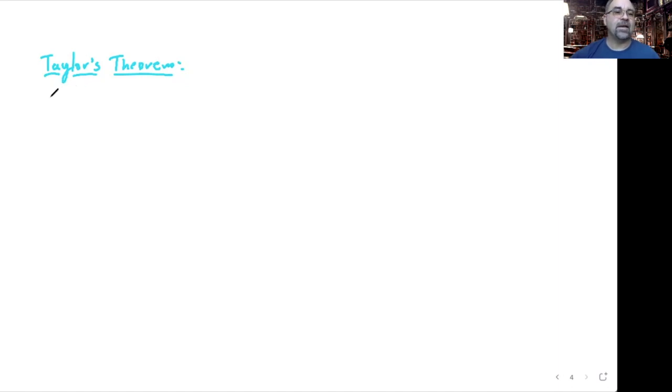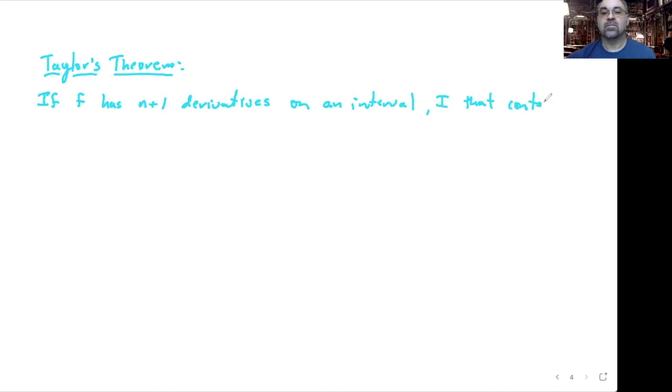So Taylor's theorem basically says, okay, so our function f, if f has n plus 1 derivatives on this interval, we're going to call it I, that contains our center c. Okay, excuse me. So we have n plus 1 derivatives. Okay, that's a big deal right there.